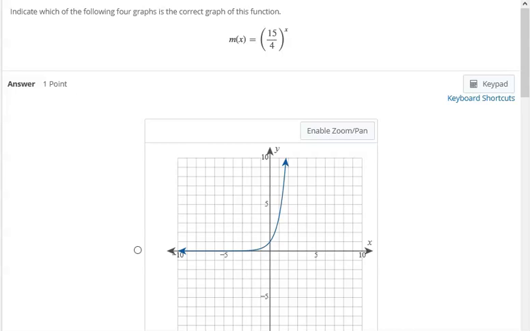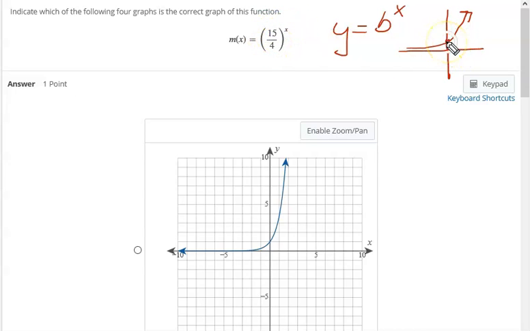Now, for this example, what we're looking at is exponential functions here. And we said that in general, if we had the formula y equals a base to an exponent, if our base was greater than 1, you may recall, it is going to have this shape, where if x is 0, y is 1.